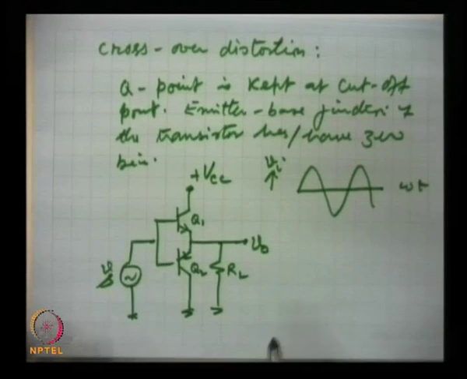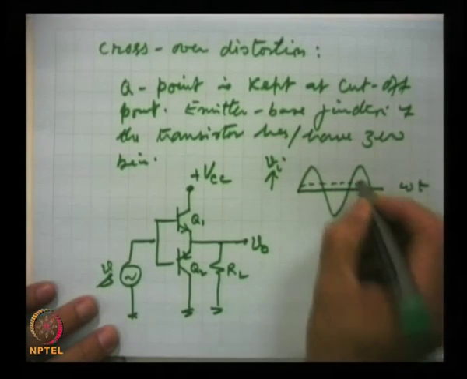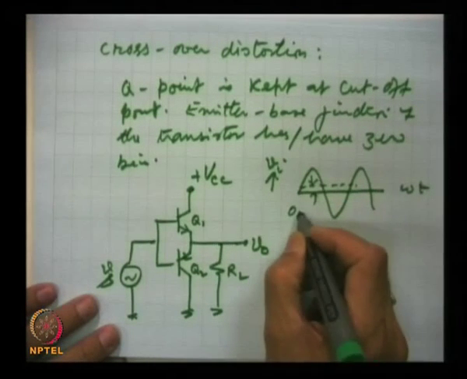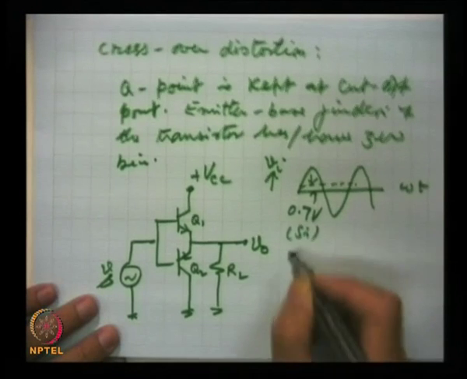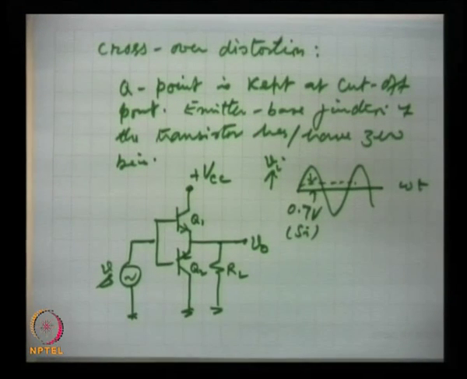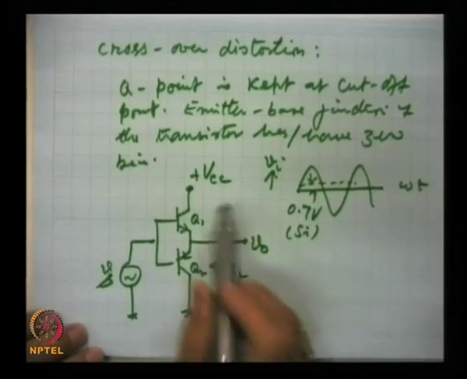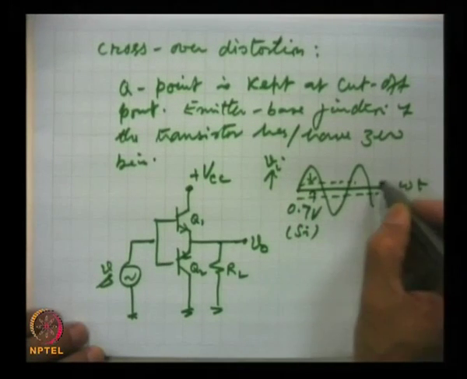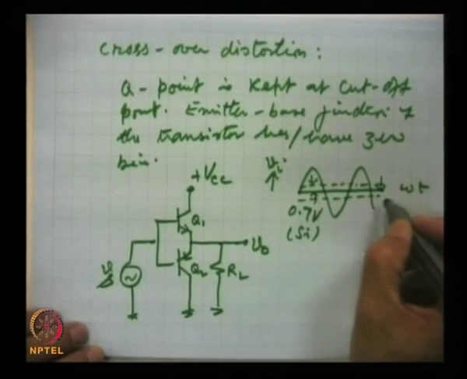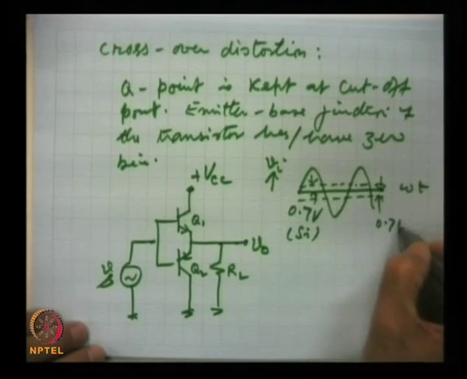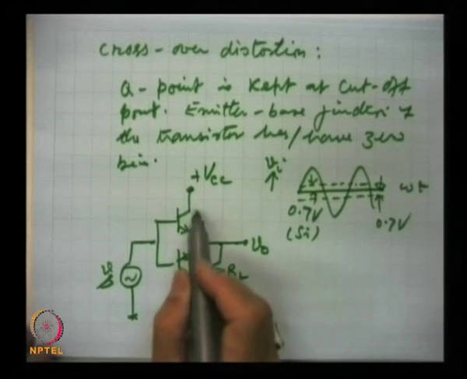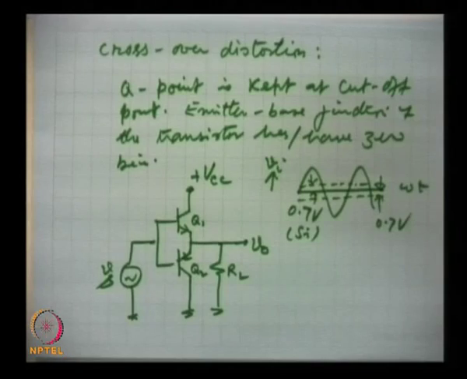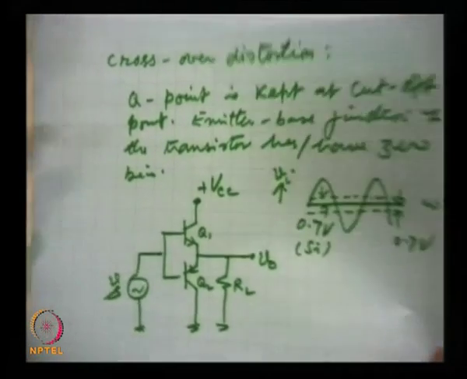In a nutshell, when this voltage is of 0.7 volts for a silicon device, this transistor will not conduct for this part. Similarly, in the lower one, for this part of 0.7 it will not conduct. The two transistors will not conduct in this 0.7 region, and this will amount to a distortion in this fashion.